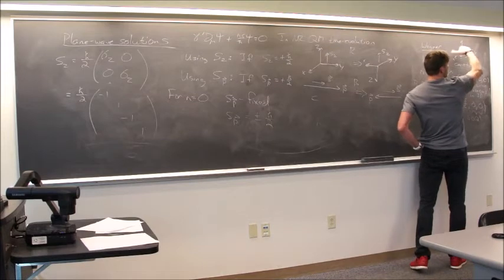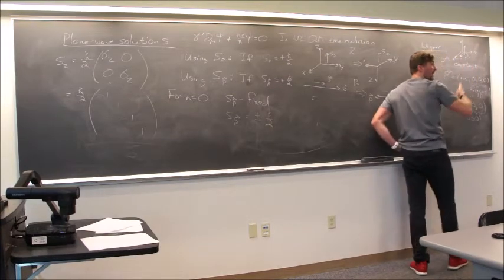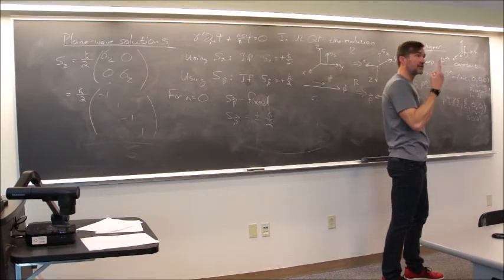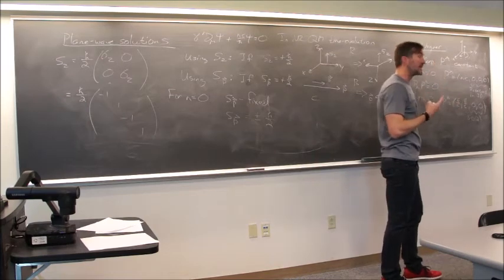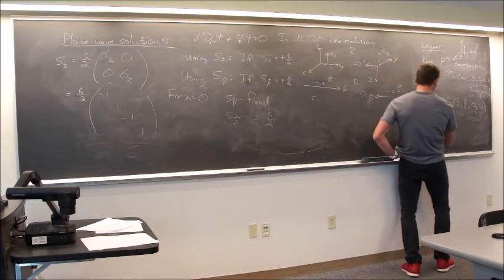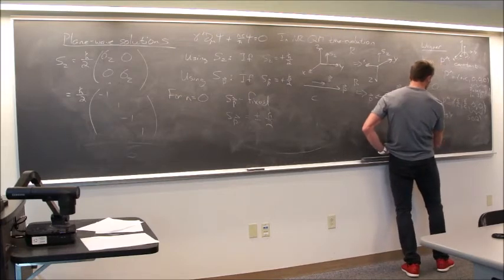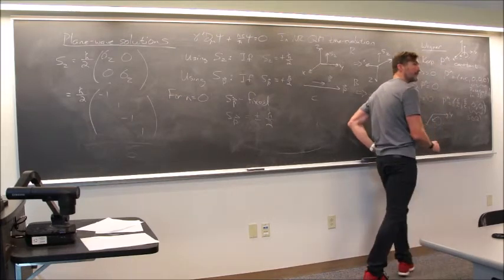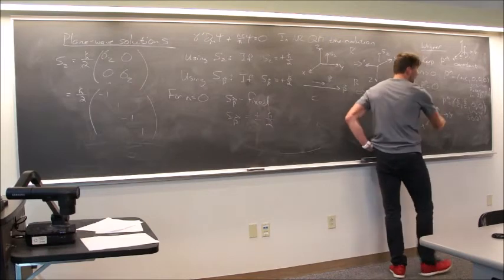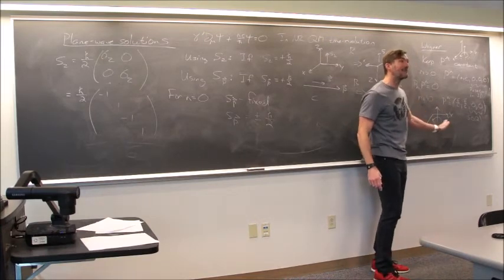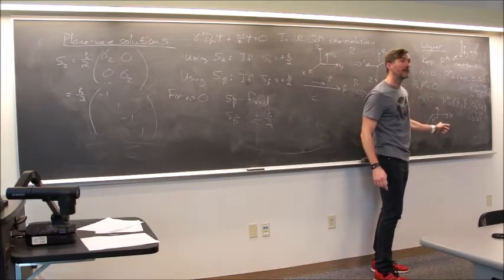I either have to rotate in the xz plane or in the yz plane by 180 degrees, and that will reverse the orientation of that spin. Here, though, if all I have is x and y, and the only thing I'm allowed is rotations in the xy plane, I'm never going to be able to reverse that.